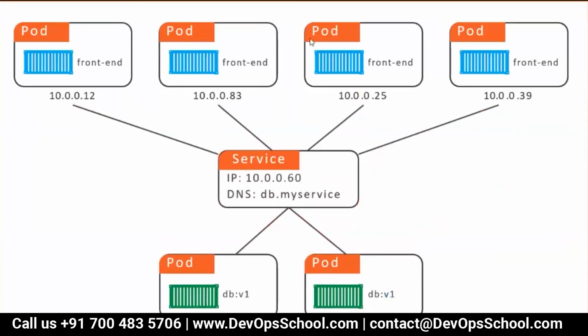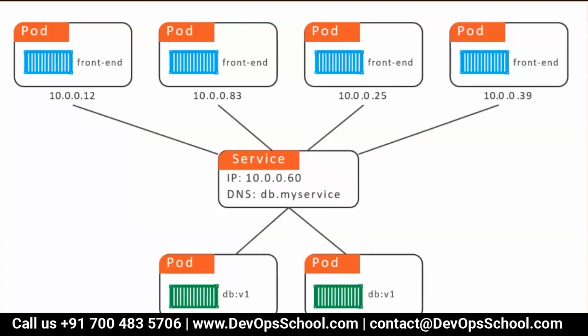The problem is solved by service. Okay, the problem is solved by service. So guys, in short, what is a service? We know about load balancers, right? There are two kinds of load balancers in the whole world which we use a lot nowadays.